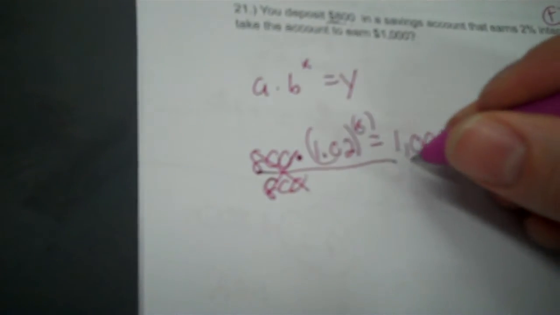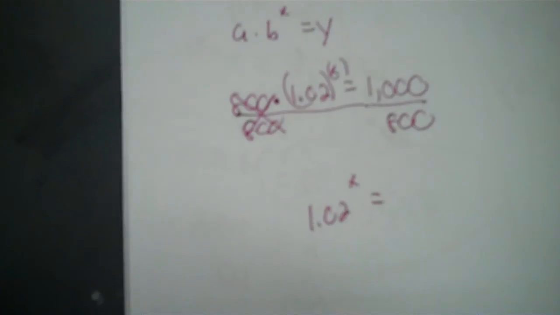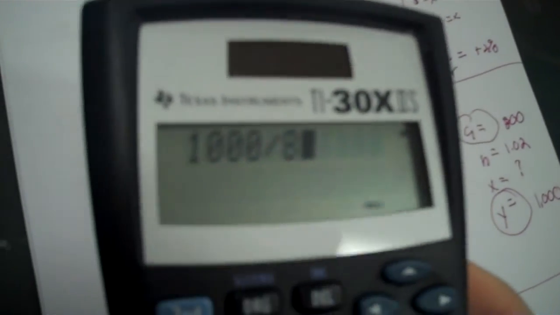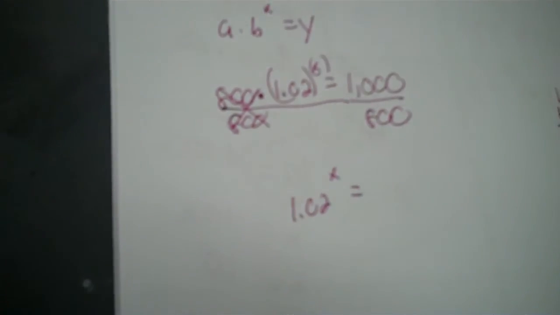Okay, now we have to solve for x. Okay, so x is an exponent, parenthesize its base. And when we have to solve for the exponent, we need to first get rid of this 800, okay, by dividing, not by minusing, okay. 1.25. Then I go to my log over log down here. That's why I made a little box here.